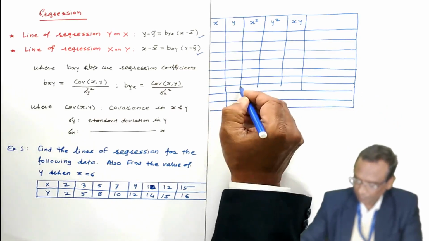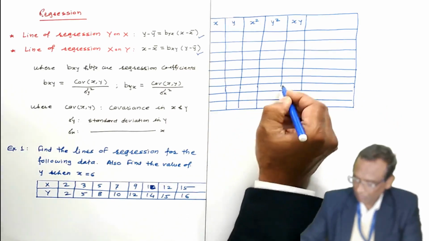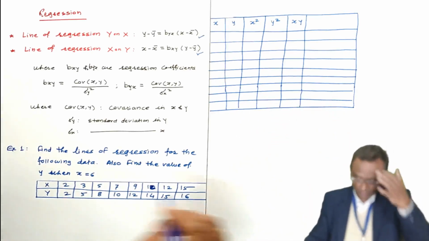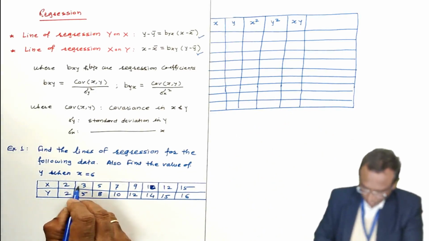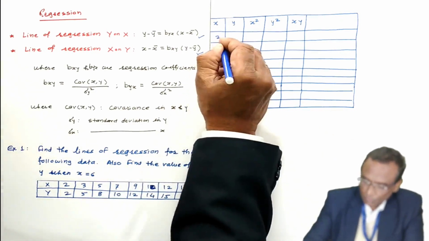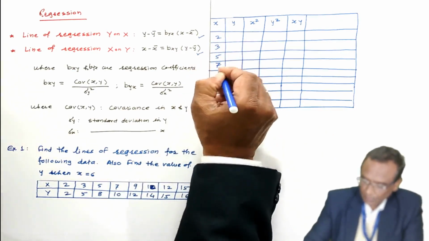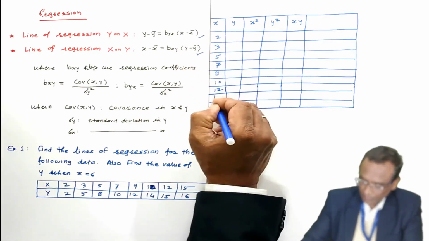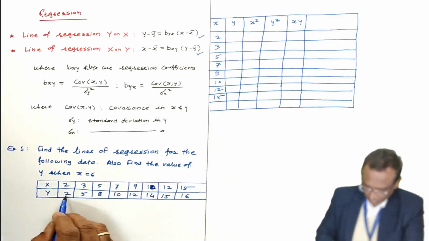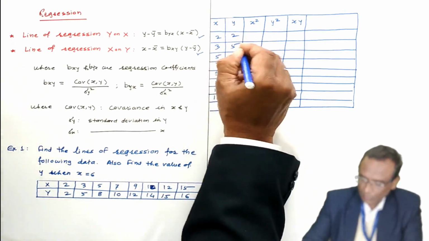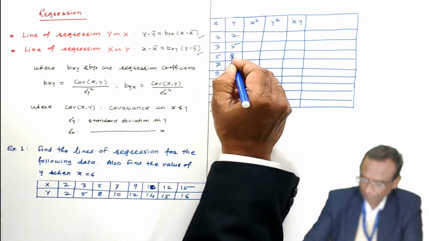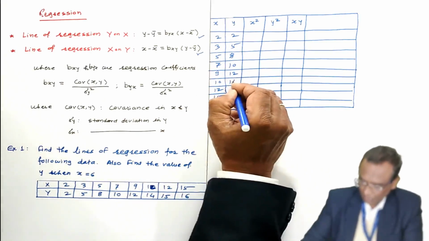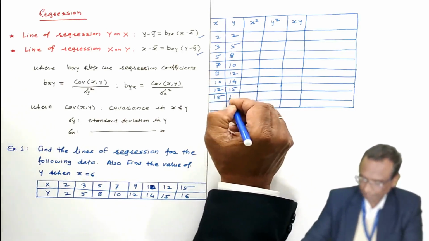In this way, this table we have formed. Now, the values of x and y directly I am going to copy. x: 2, 3, 5, 7, 9, 10, 12, 15. Similarly, values of y: 2, 5, 8, 10, 12, 14, 15 and 16.